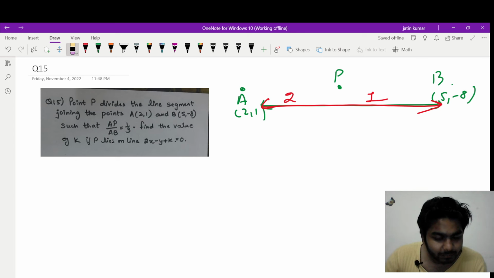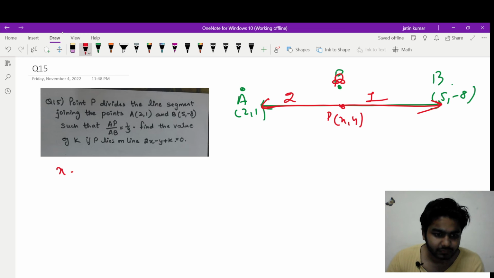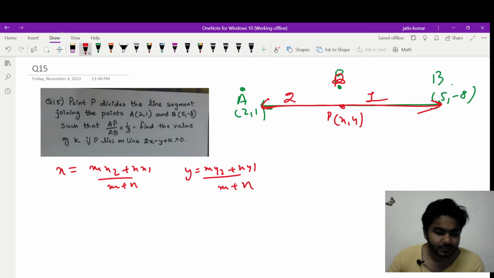Here is point P with coordinates x comma y. By the section formula, can we find both x and y? So (mx2 plus nx1) upon (m plus n), and for y, (my2 plus ny1) upon (m plus n). So we have m as 2 and n as 1.